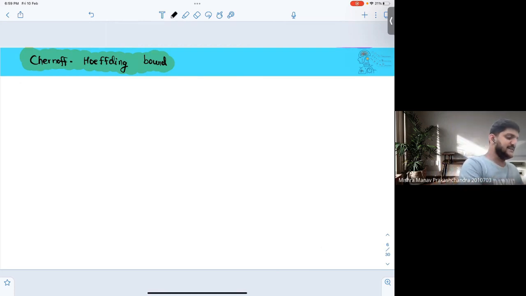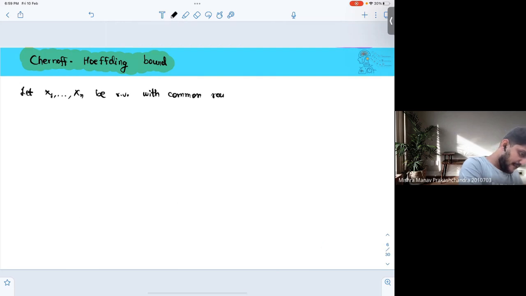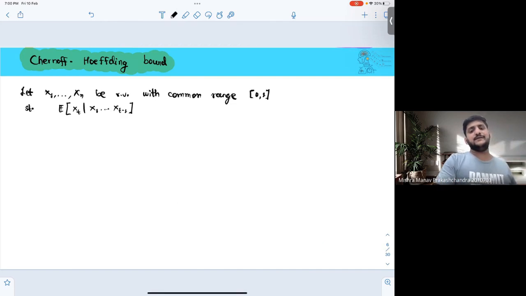So what it tells me is, let my x1 dot dot dot xn be random variables with common range 0 to 1, such that the expected value of xt given x1 dot dot dot xt minus 1, so given all the previous random variables that I have sampled so far, is basically mu.